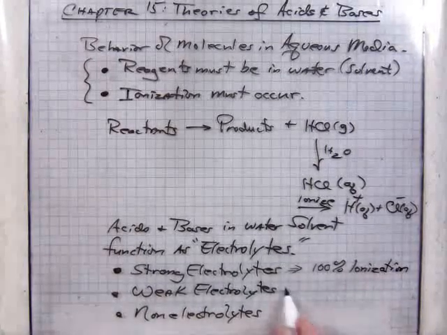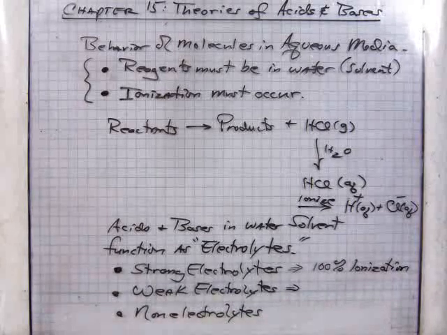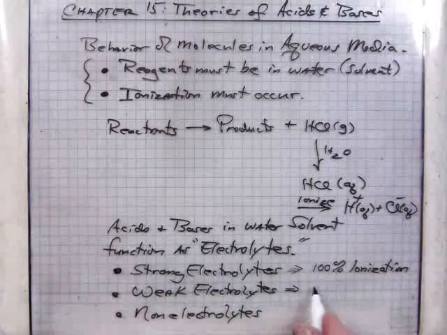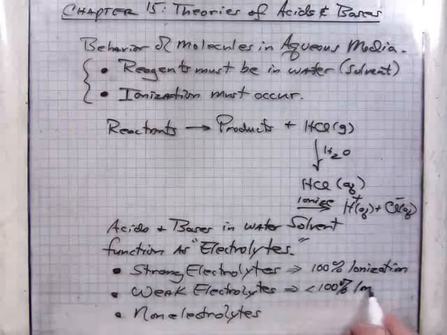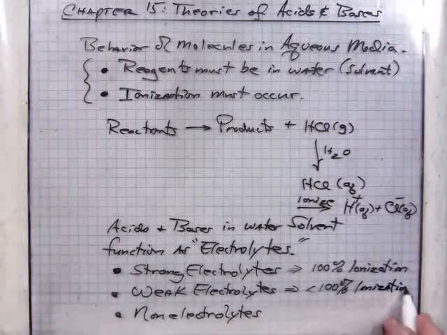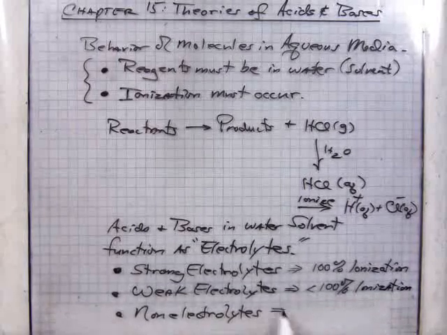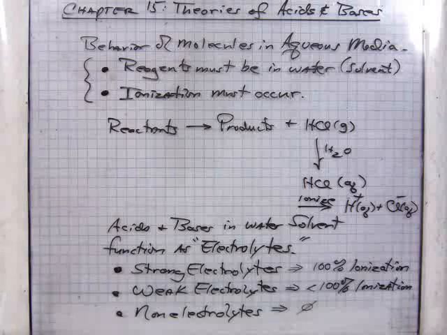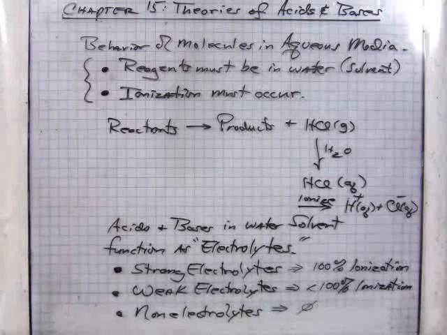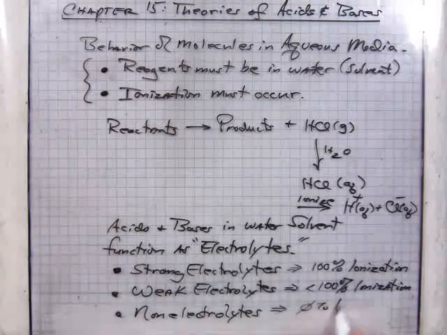And weak electrolytes is simply less than 100% ionization. And of course, the non-electrolytes would have components in the compound that would appear to be acidic in nature, but actually they do not undergo ionization, so therefore they're non-electrolytes, 0% ionization.